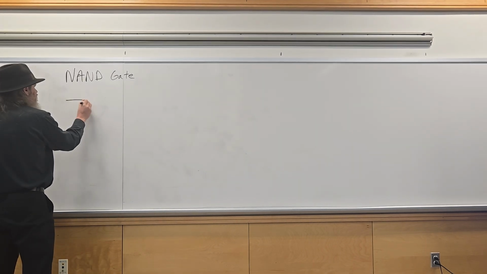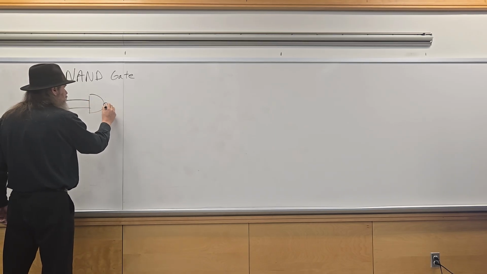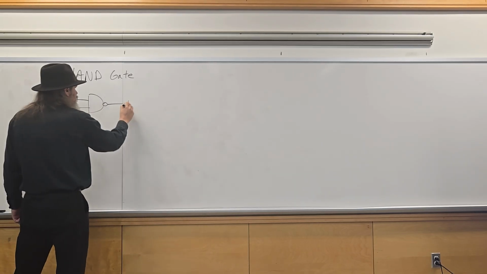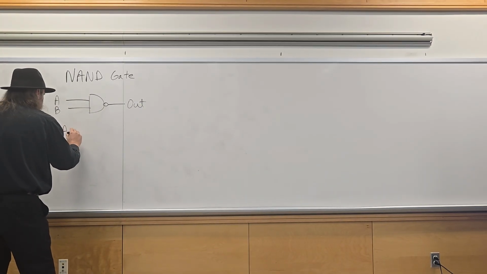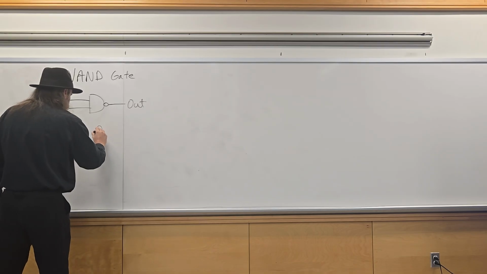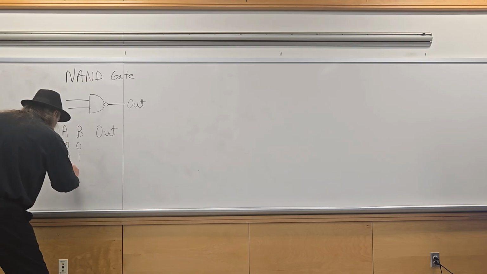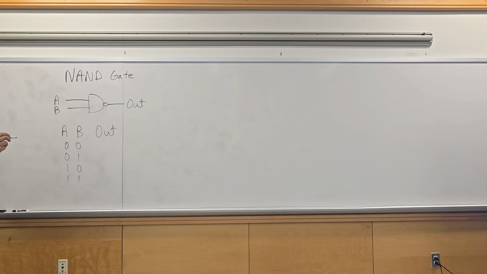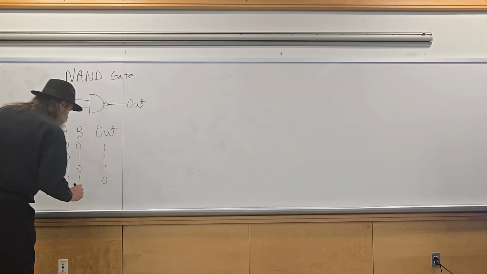It is simply an AND gate with an inverted output. The state table for it is the same as the AND gate, just inverted. So it's 1, 1, 1, 0.